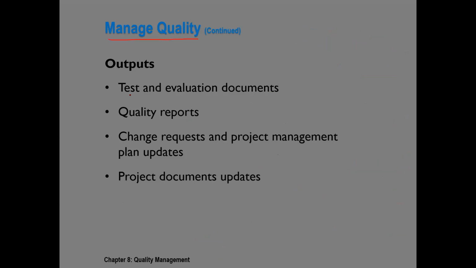Outputs of this process are test and evaluation documents, quality assurance reports, quality audit reports, maybe some change requests, related to, for example, improving our process, and project management plan updates or project document updates. So 4 outputs of this process.